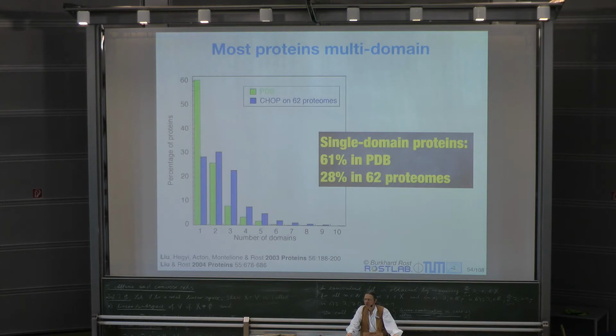So by that definition, I'm sort of tricking, right? Whatever you call that, you call that a hack, my definition. But ultimately, anything that is so short that it does not adopt a unique three-dimensional structure, I would call a peptide. So something that is a fragment of a protein that is shorter would have 0 domains, but then it would not be a protein. So by that definition, you cannot have a protein without domains.